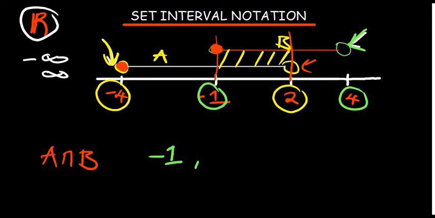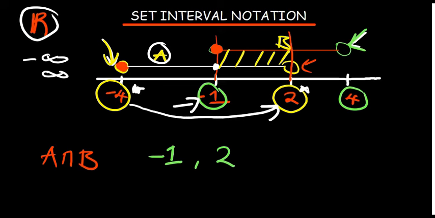Now, how do we know what we're supposed to shade at the endpoints? The first thing I'm going to ask you is, consider -1. Is -1 part of A? We can say yes, because it is between -4 and 2, because our set A is moving from -4 all the way up to 2, and -1 is between -4 and 2.